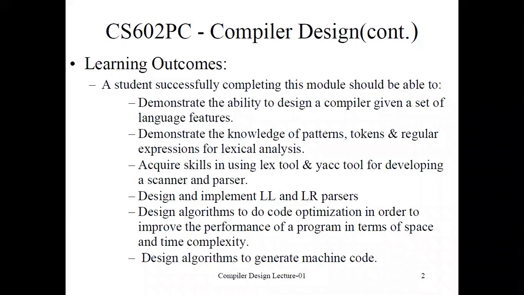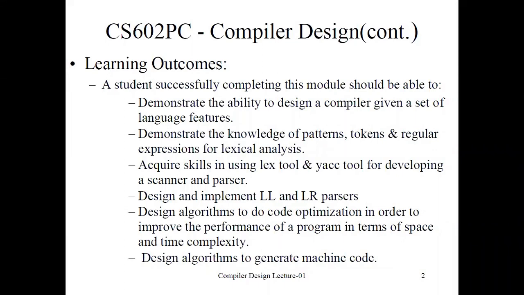Then another concept, programming language and data structures. Here also, while designing a compiler, some algorithms may be developed. Some programming languages are used to demonstrate practically the concepts of compiler design. We also have a practical related course, the lab related to this compiler design, which is compiler design lab.